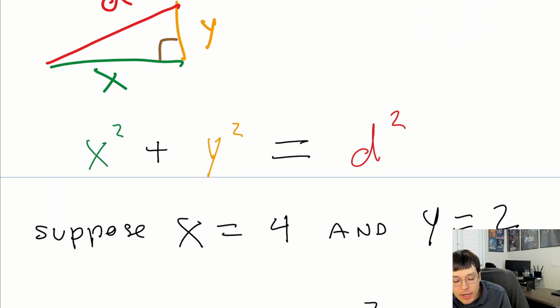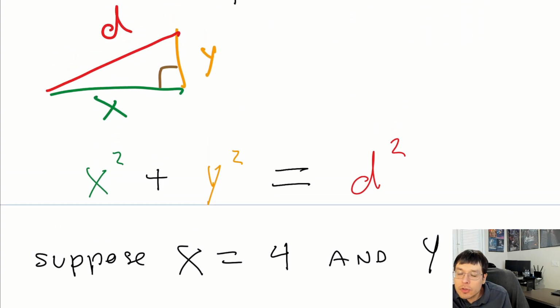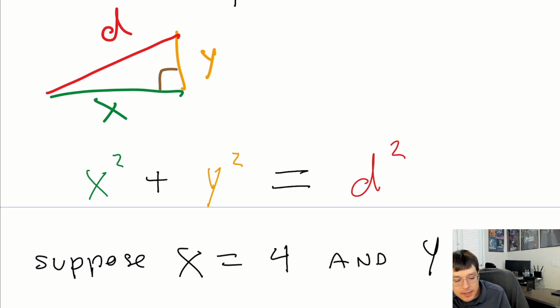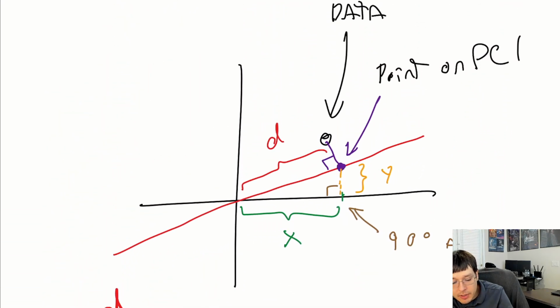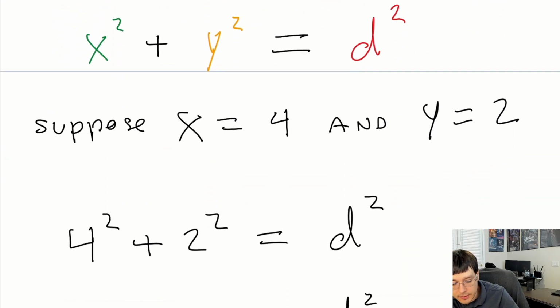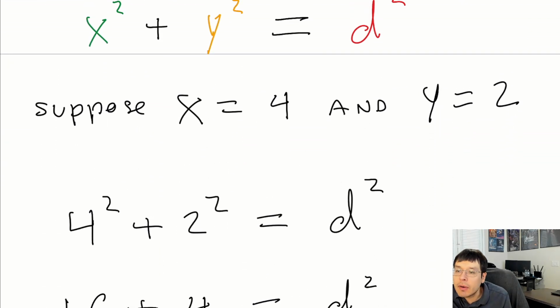Let's plug in some numbers so you can see that. Suppose that x is equal to 4 and y is equal to 2. How do I know that? Because the coordinates of this point are 4, 2. But again, the numbers don't matter, I just wanted to show you an example.